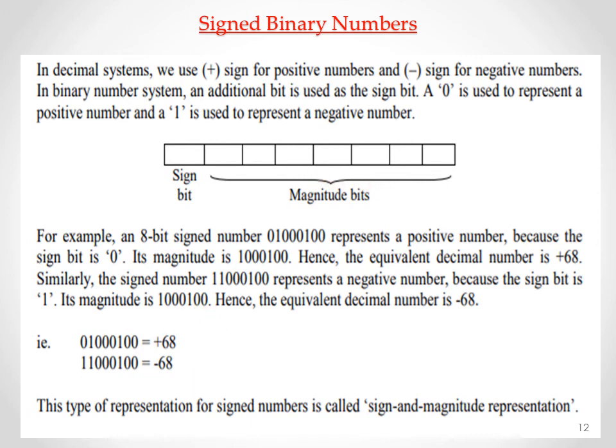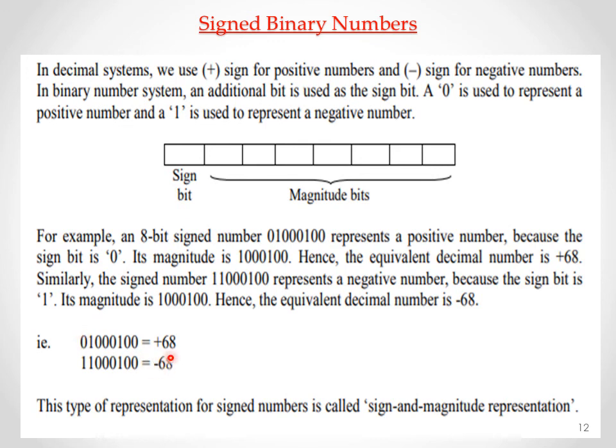For example, an 8-bit signed number, this is the number 62. Here, for plus 68, 0 is used to represent a positive number. This MSB position is used to represent the sign and this is for plus 68. This position is represented as 0.